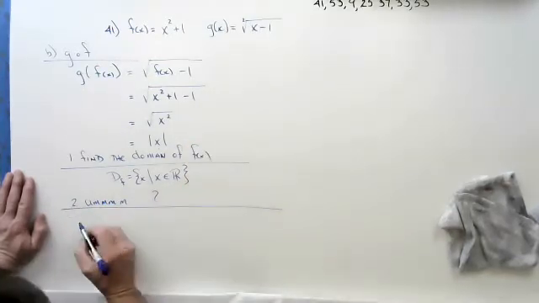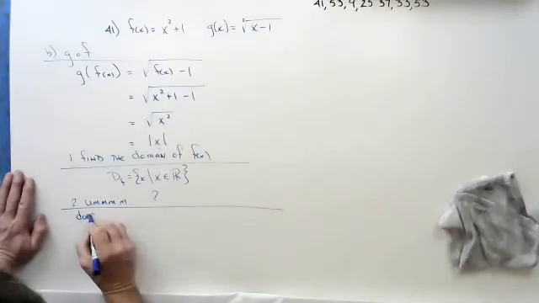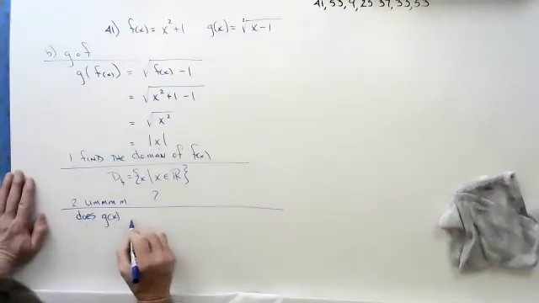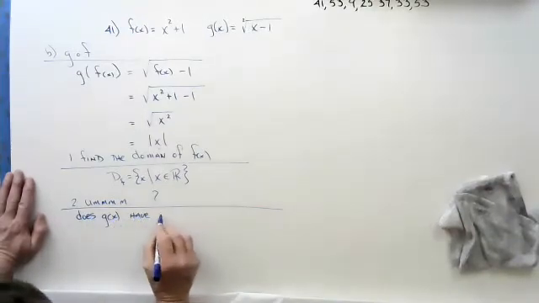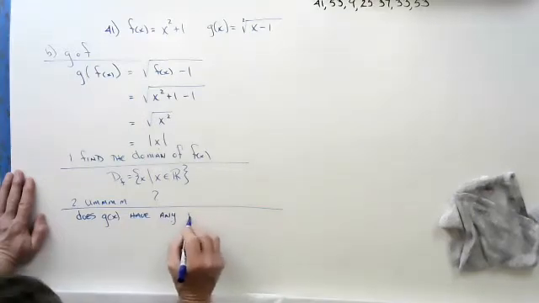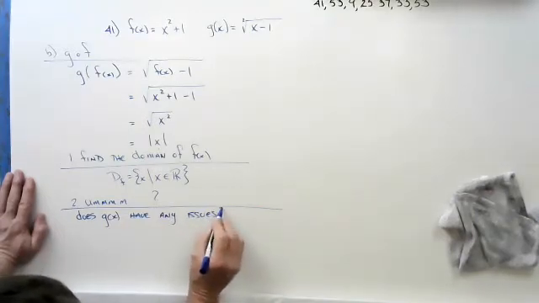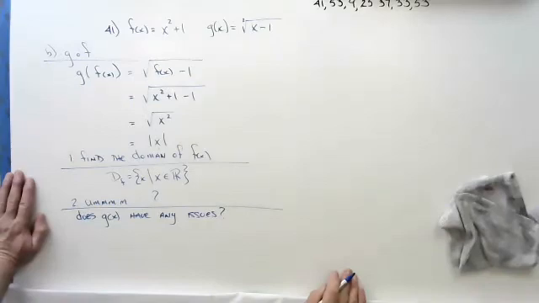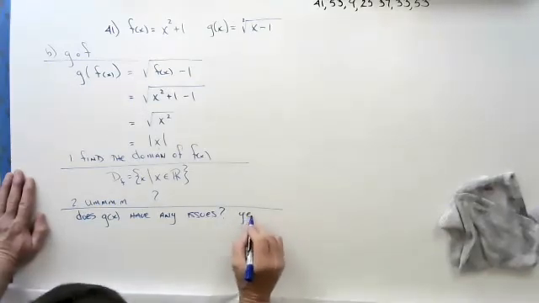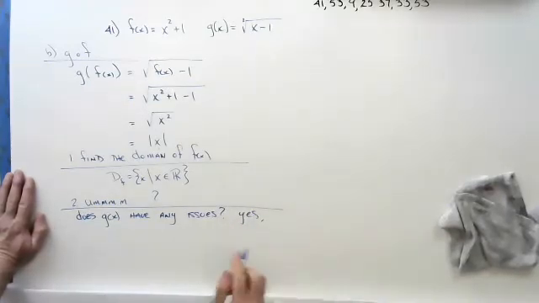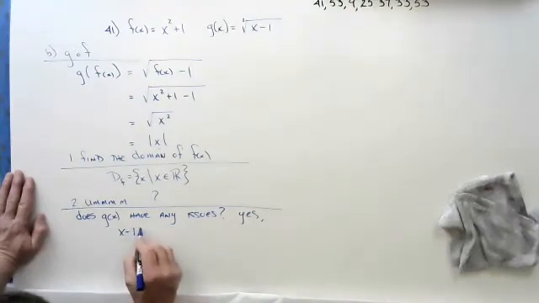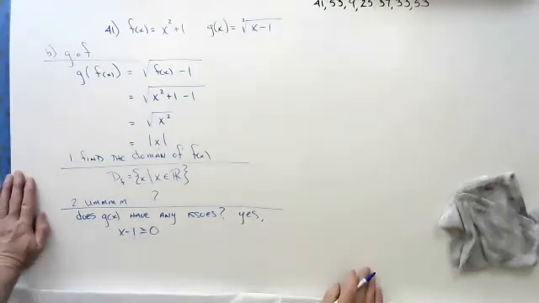Well, we start with, does g of x have any issues? And the answer is yes. X minus 1 has to be greater than or equal to 0.